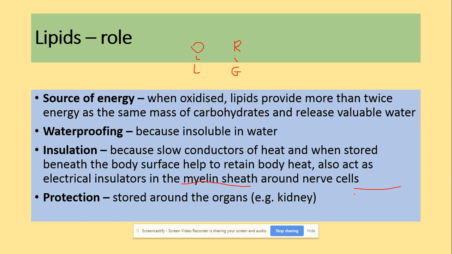With myelin sheaths, the nerve impulse is conducted in between them, so the distance the nerve impulse needs to take is much shorter than going through the whole length of the axon. They also provide protection when stored around organs, for example around the kidney.